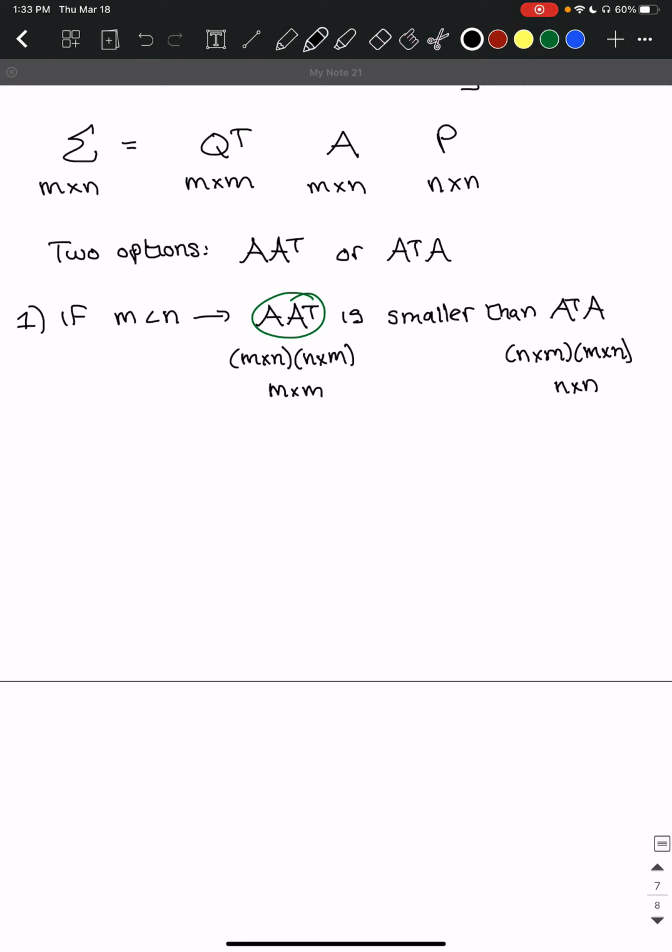And so here's the deal. We're going to find sigma by finding the eigenvalues of A A transpose, taking the square root of them, and putting them along the diagonal.